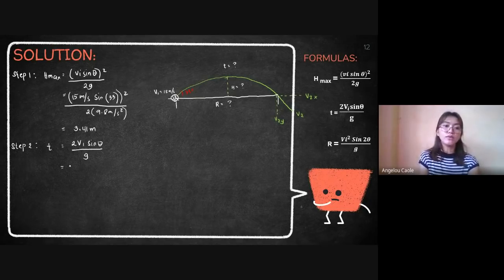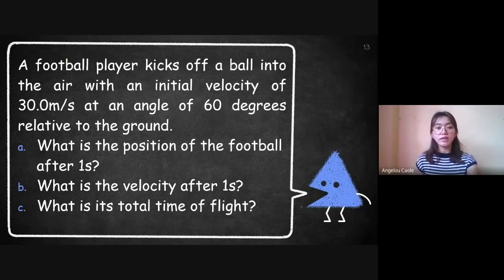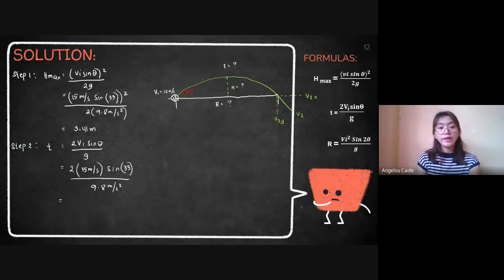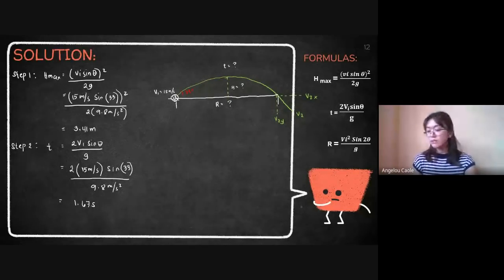So 2 times the velocity, 15 meters per second, sine 33, divided by 9.8 meters per second squared. So the answer here is 1.67 seconds.